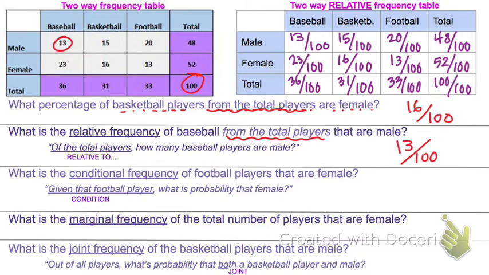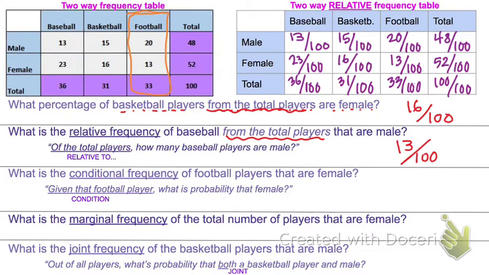Now let's talk about conditional frequency. What is the conditional frequency of football players that are female? The way I would reword this in my head, it's giving us a condition. Okay, given this condition that you are a football player, we just care about the football players.